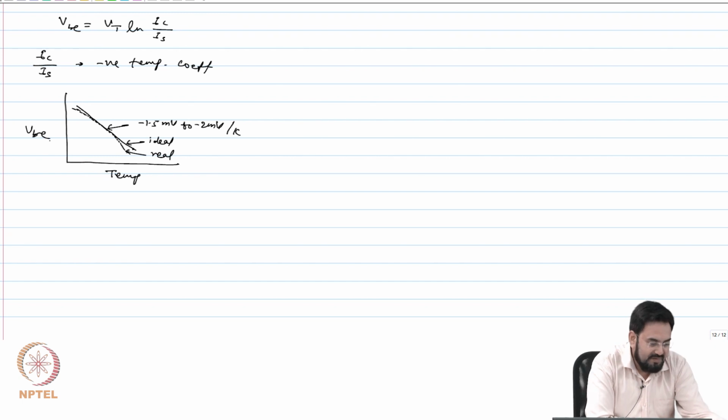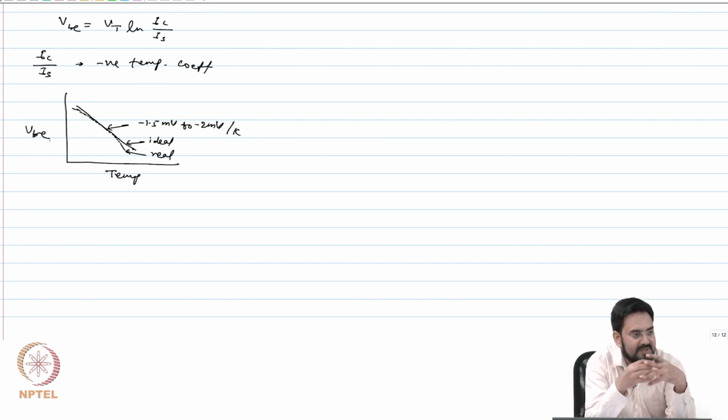So now you have a voltage proportional to temperature. Which voltage is that? Your VT, because it is kT by Q, perfectly linear, and you have an inversely proportional voltage, which is VB. Can I simply add up the two and get the band gap? To make the slopes equal? Yeah, the slopes are not the same.